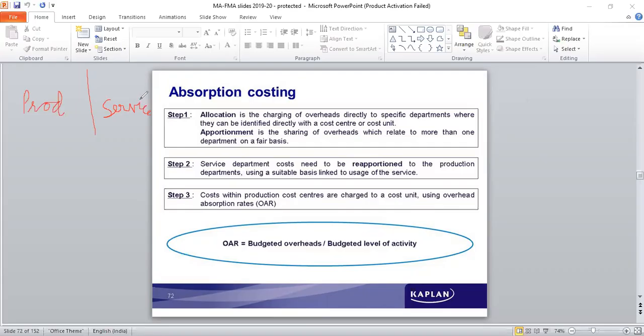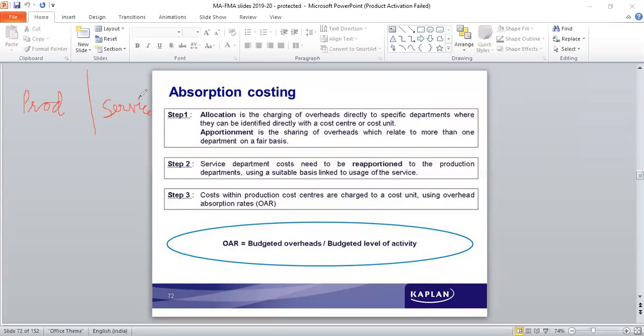There are certain other departments which render services to the production department. Like we have seen in the examples: supervision work, repairs, maintenance, power, then welfare center, then assembly. These are all examples we can quote.